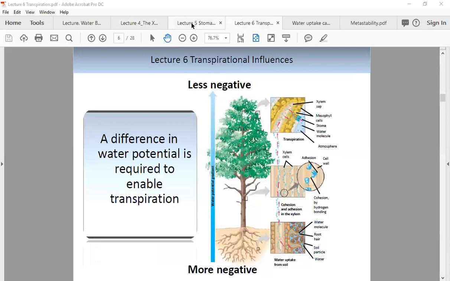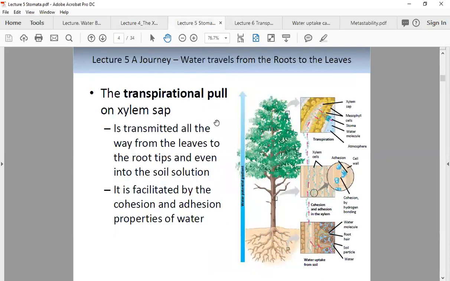Okay, good. That's terrific. Now I'd like to spend a little bit of time looking at what happens here. Why are the values for the water potential down here the way they are? What contributes to those values?